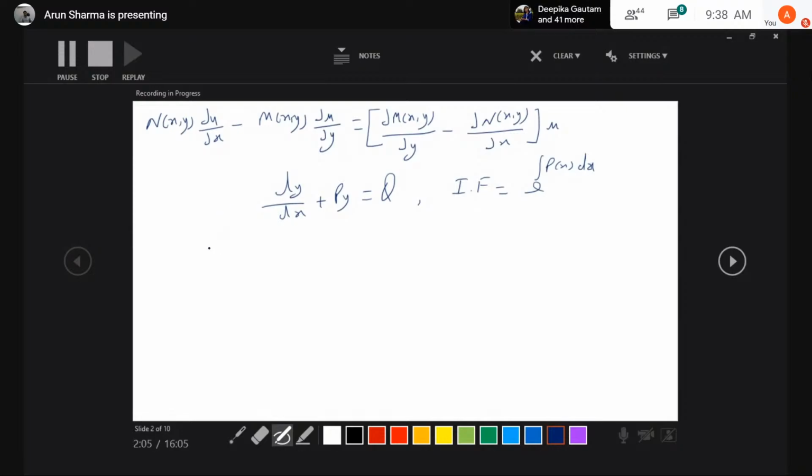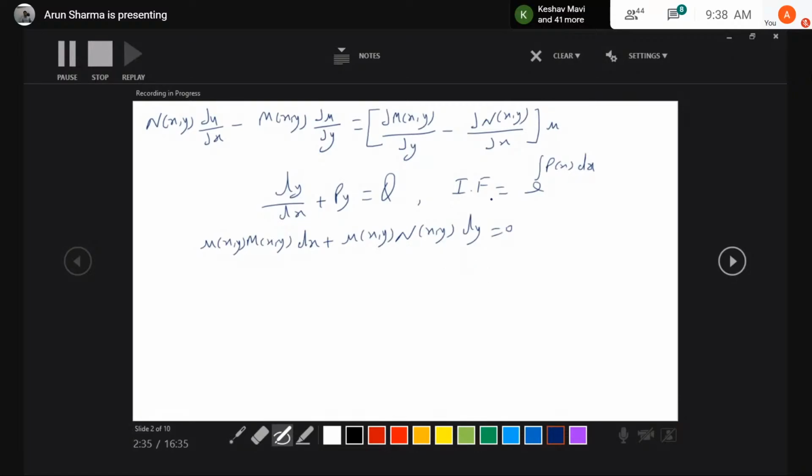So we have multiplied this equation: mu(x,y) M(x,y) dx plus mu(x,y) N(x,y) dy equals to 0.